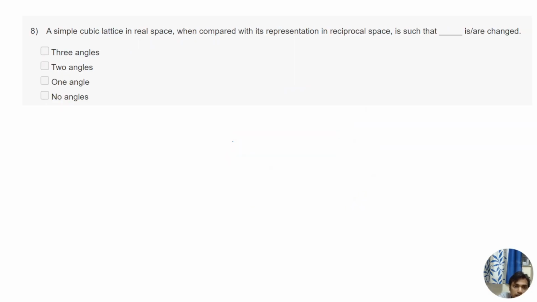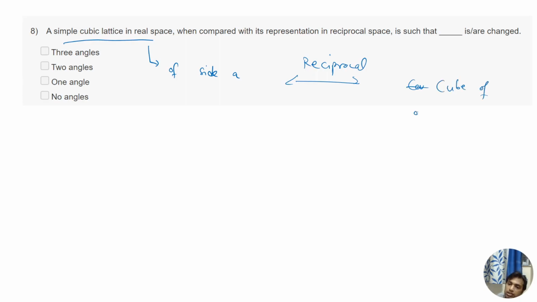A simple cubic lattice in real space, when compared with its representation in reciprocal space, is such that in real space, if you have a simple cubic lattice of side a, then in reciprocal space, just now we saw that it is a cube of side 1 by a.